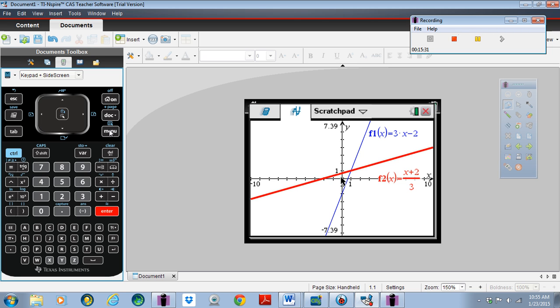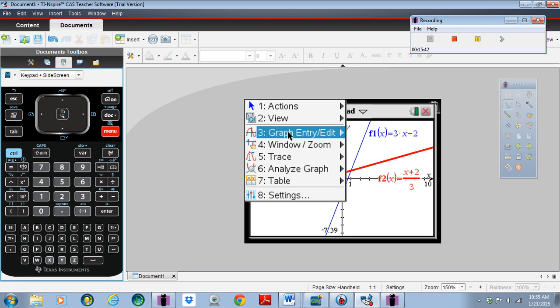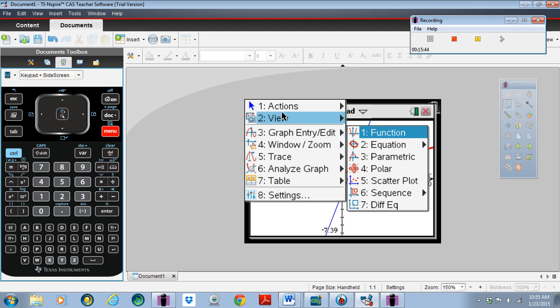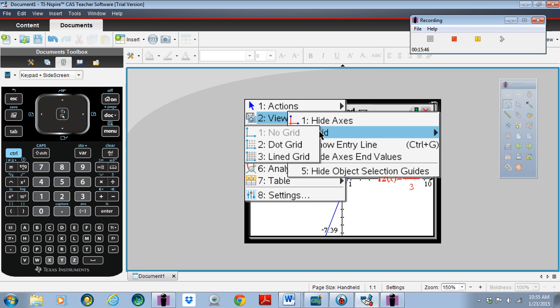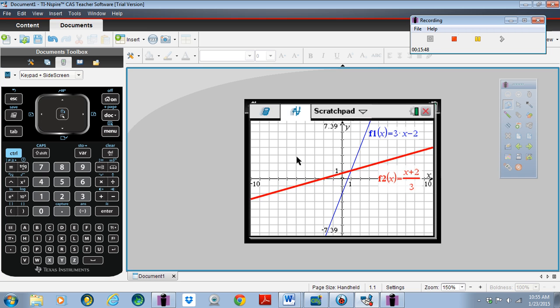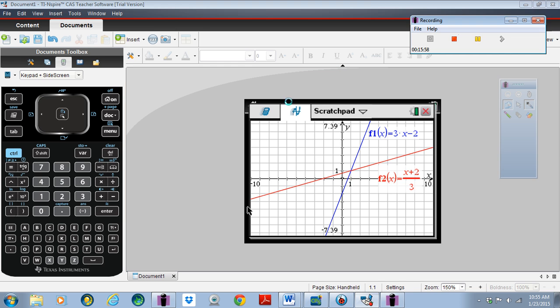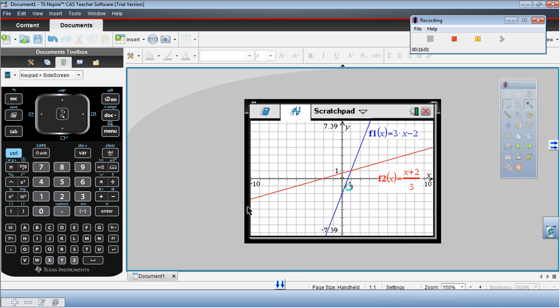Now, I'm going to make mine have grid. Does yours have a grid still? Yeah. Okay, mine does not. View, grid, line grid. Okay, so this can help us determine the ordered pairs. So right here, let's start with my original function.